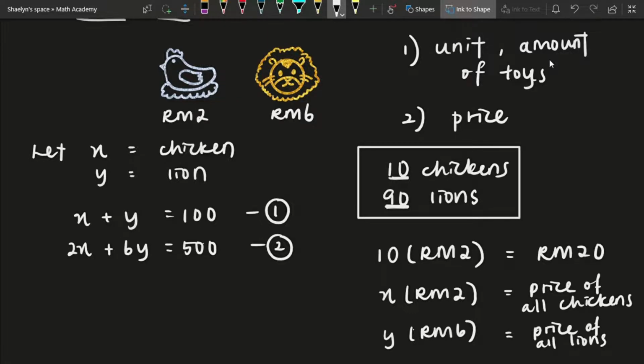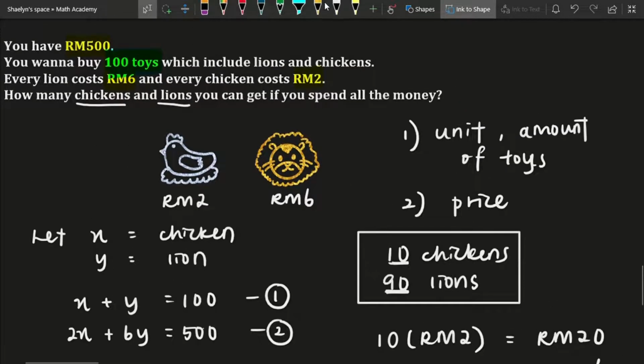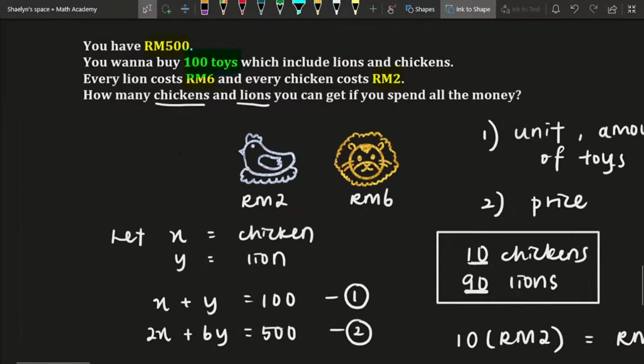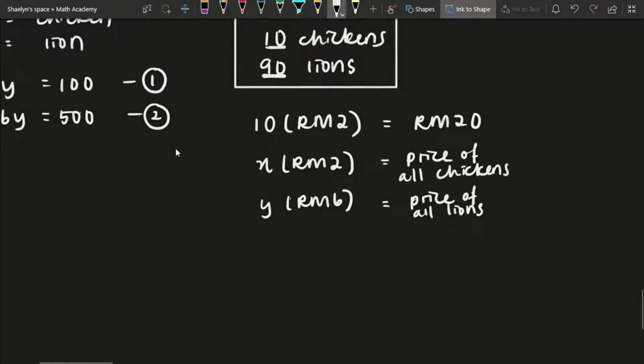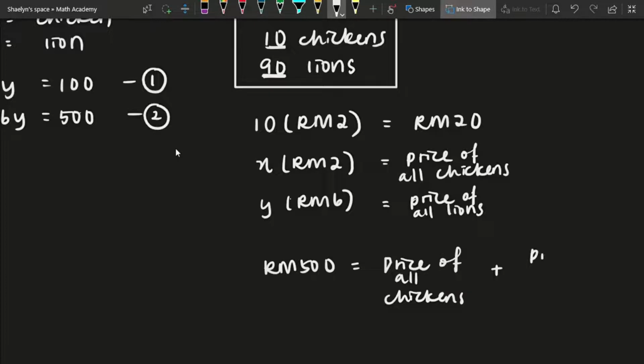So it says that you spend 500 ringgit to buy all this, which means 500 ringgit is the total price of all chickens, and then plus the price of all lions.